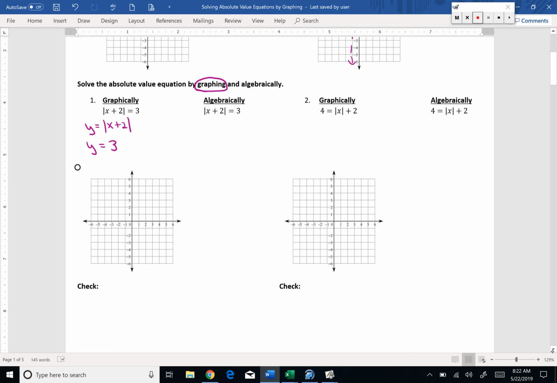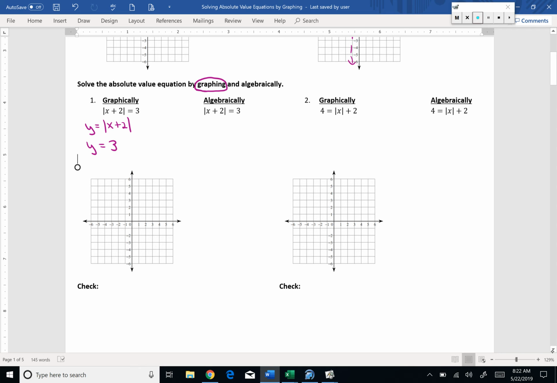The idea of solving an equation is figuring out when the left side equals the right side. If I turn it into a system and find where they intersect, we're going to know where the left equals the right.